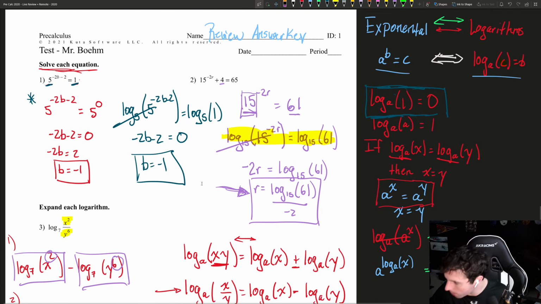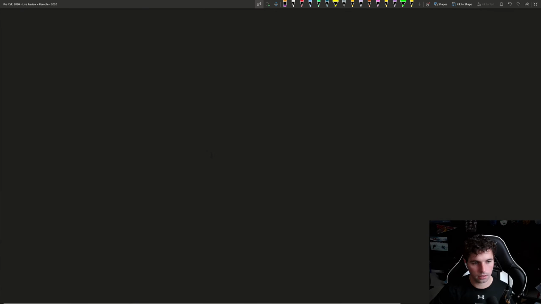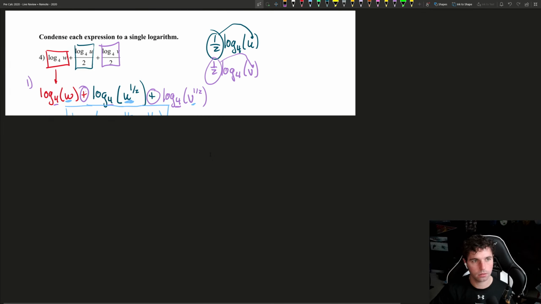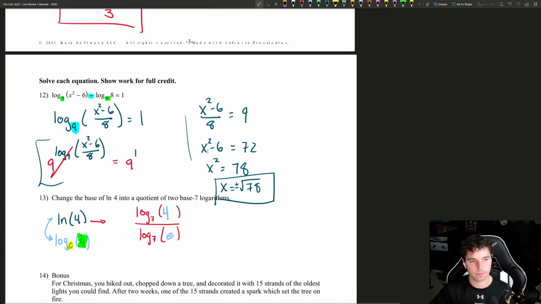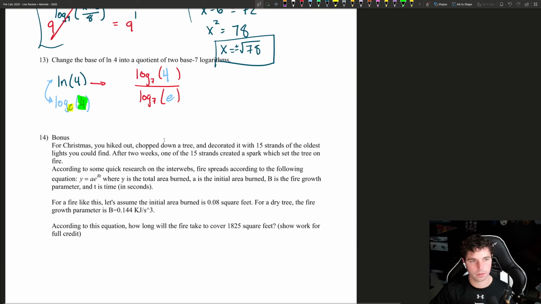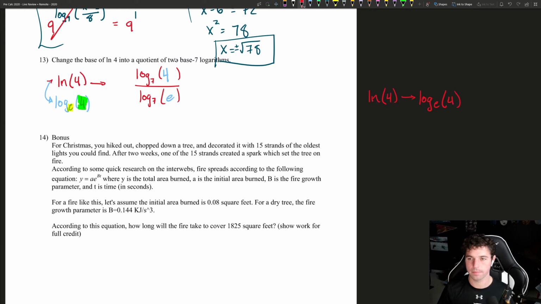And then probably in the next 10 or so minutes, unless people have questions. On 13, why is it e instead of 2? So ln, again, ln means natural log. What this means is that we have log base e of 4.